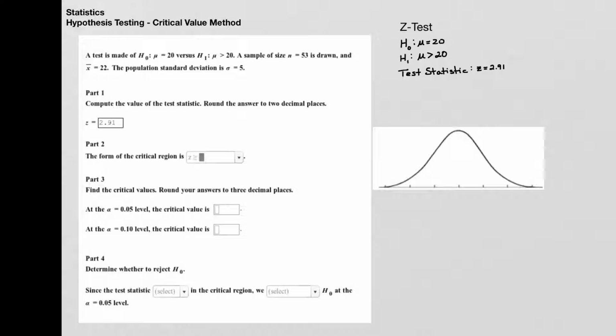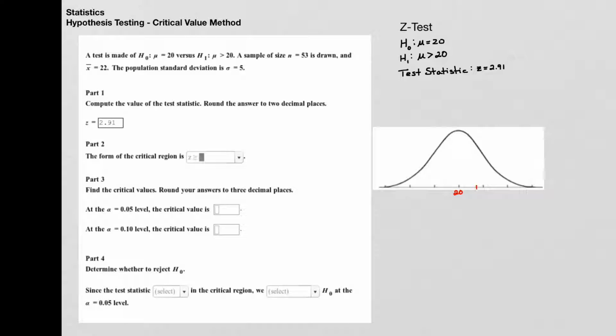Now, in this problem, we were told that the sample mean was 22, and we're comparing that value with mu equals 20 from the null hypothesis. So the value from the null hypothesis is really the center of our normal distribution, and we know that 22 is somewhere above 20, but we don't know.